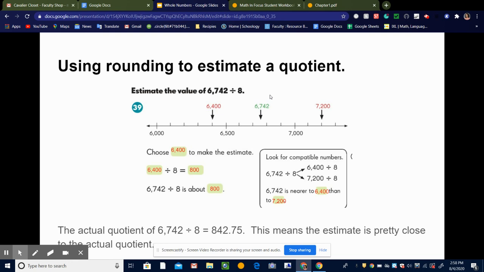Here it is on the number line. If I were going to round to the nearest thousand, then that would be 7,000. But if I try to divide 7,000 by 8, I can't really do that in my head because that doesn't come out even, or it doesn't make it really easy to do in my head.